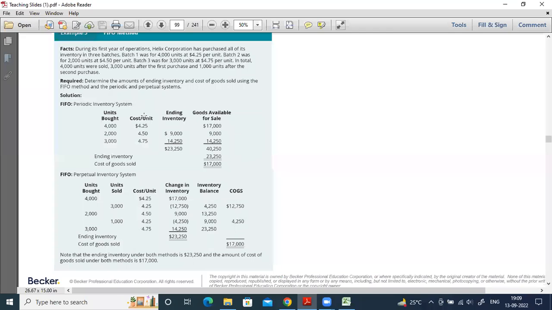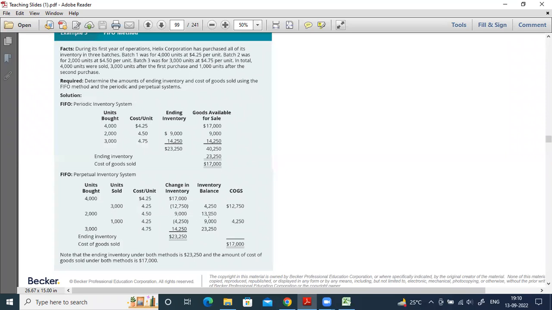Then the second one. Here you can see 1,000 units after the second purchase, and the second purchase was 2,000 units. So 2,000 we purchased at 4.50, and the change in the inventory will be 9,000. So 2,000 into 4.50 is 9,000.